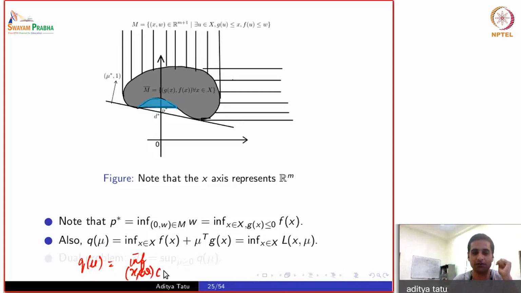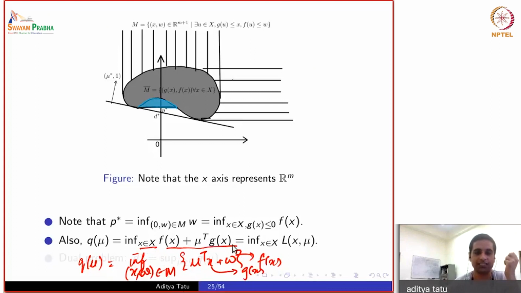It's the infimum over (x, w) in M of mu transpose x plus w. But what is x in this particular M? X is nothing but g(x). W is nothing but f(x). Therefore, q of mu becomes the infimum over all x in X of f(x) plus mu transpose g(x), that is nothing but your Lagrangian.